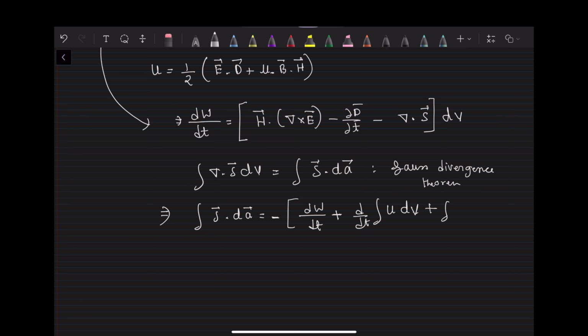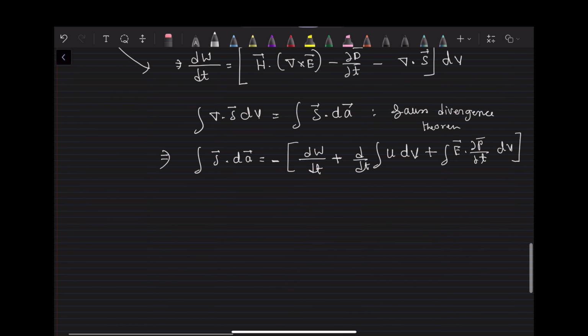Then we have another term, okay. So this is the Poynting theorem, and let's stare at it for a while because it will tell you a lot of things. So the first term, very important, that is total energy flowing out of the surface.